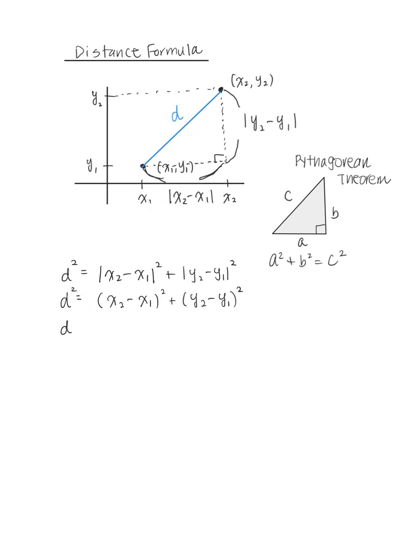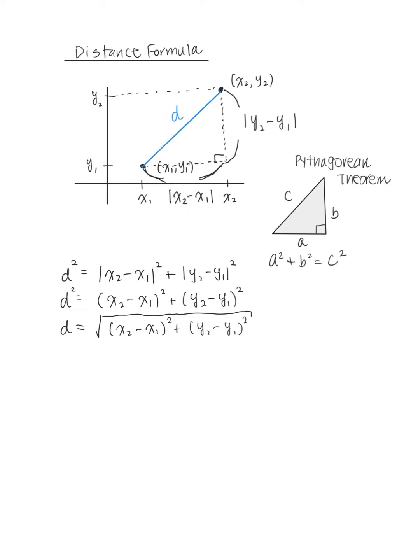Now, when you take the square root, you're going to get a plus or minus of the square root on the right-hand side, but since we're talking about the distance, we're only going to keep the positive part. So here, our distance is going to be the square root of x2 minus x1 squared plus y2 minus y1 squared, all inside of the square root.